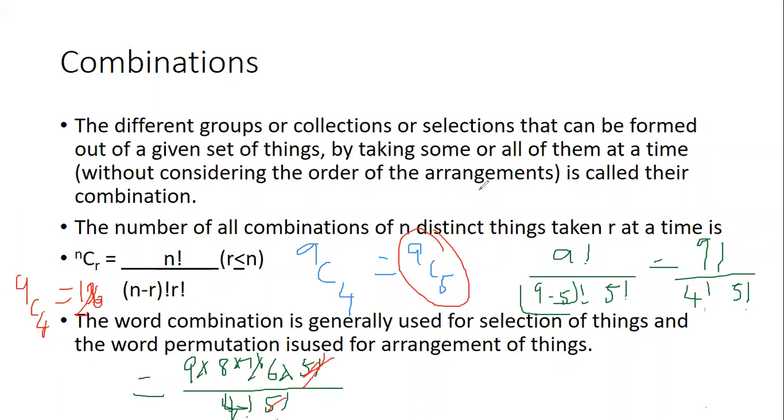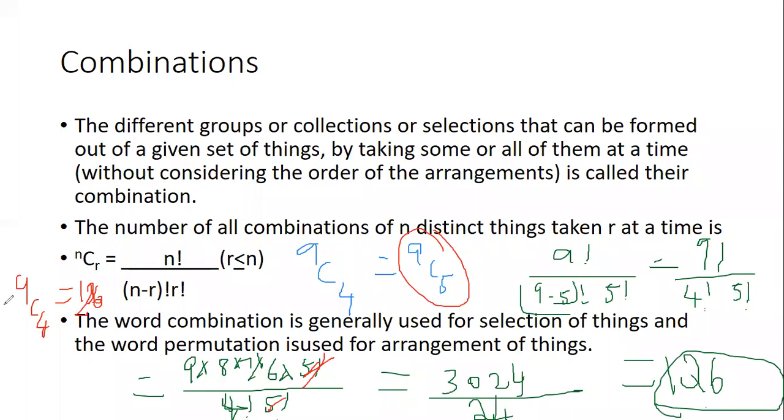Again you have 9 into 8 into 7 into 6, which is 3024, divided by 4 factorial, which is 24. Again you will get 126. So if you see, nC4 is equal to nC5, both places we got 126 as the answer.